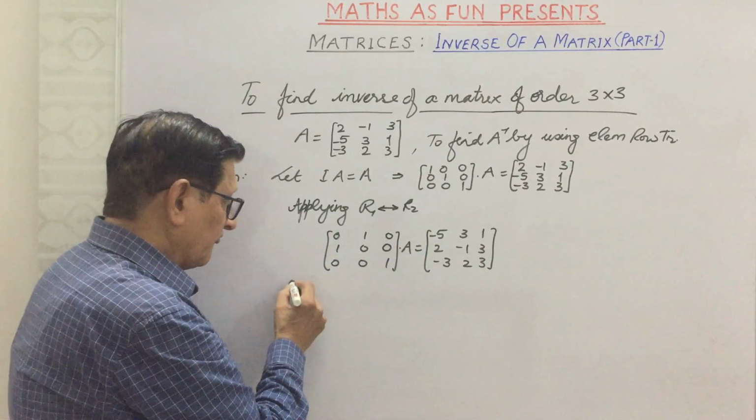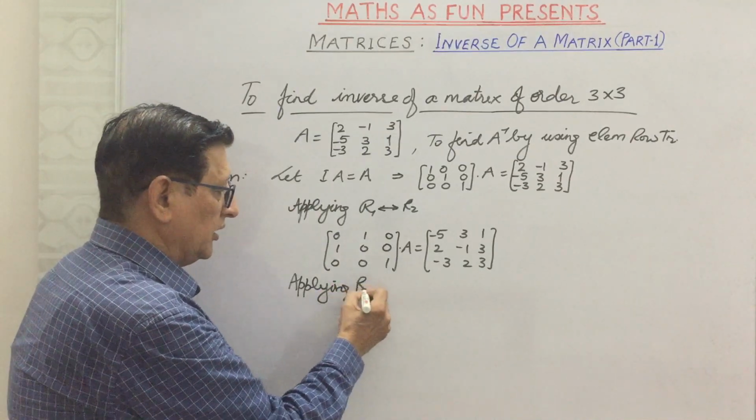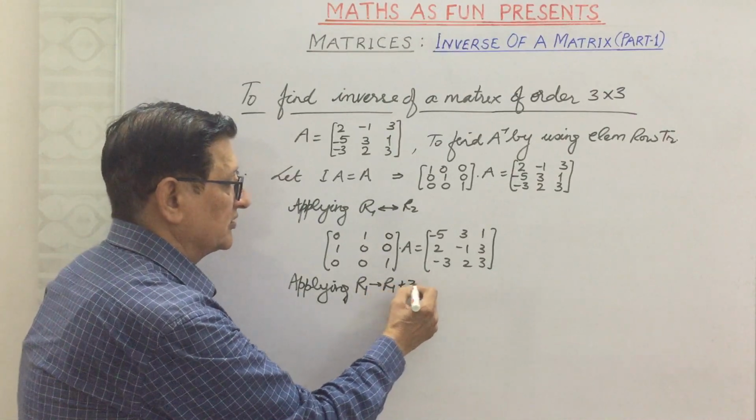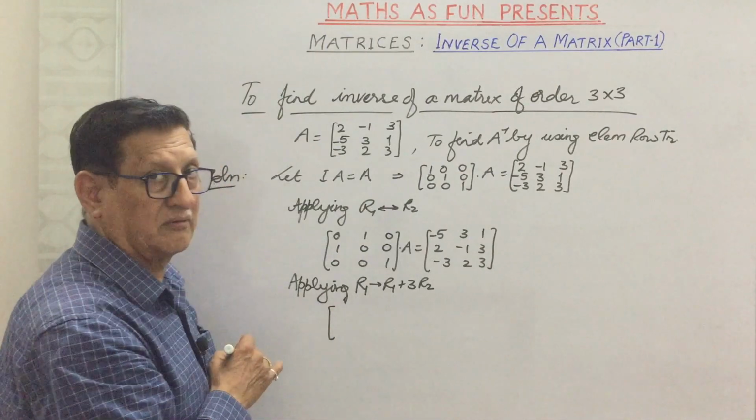So what we will do, we will apply here in R1, that is in row 1, row 1 plus 3 times row 2. Then what we get here?